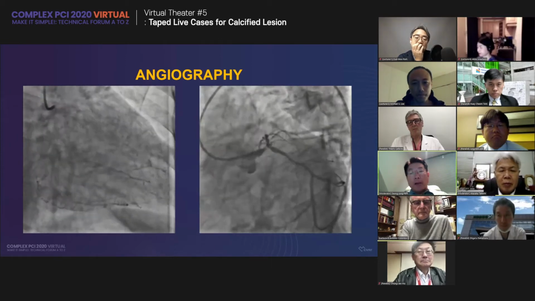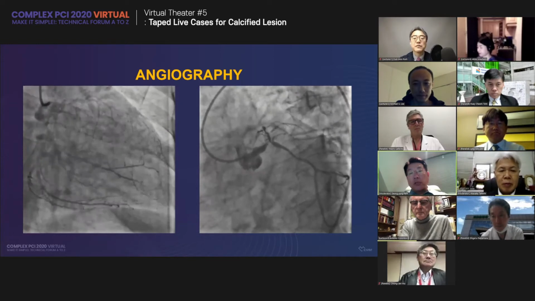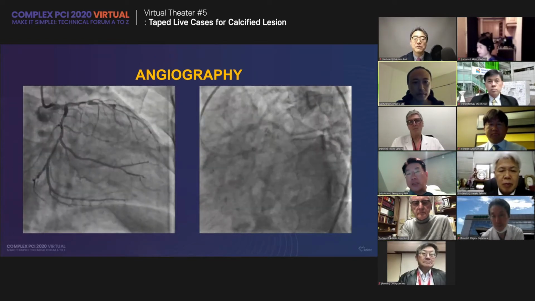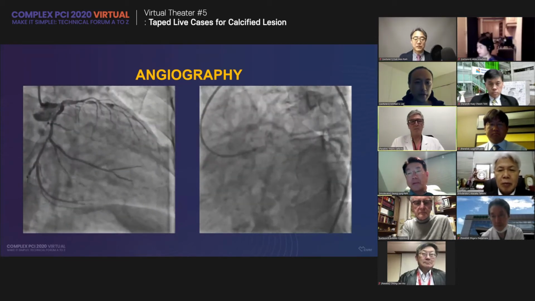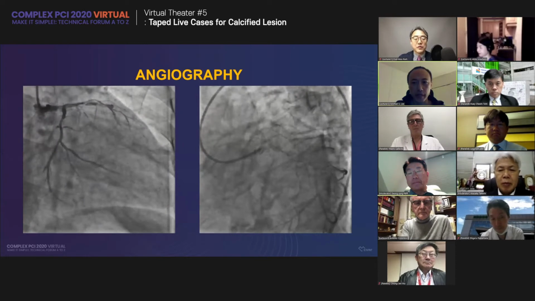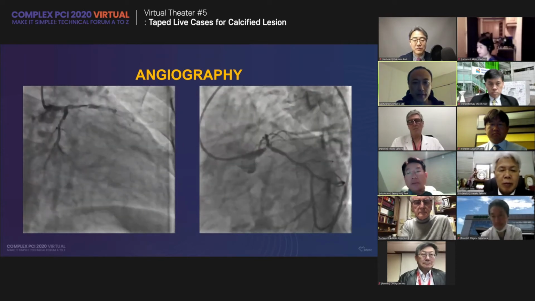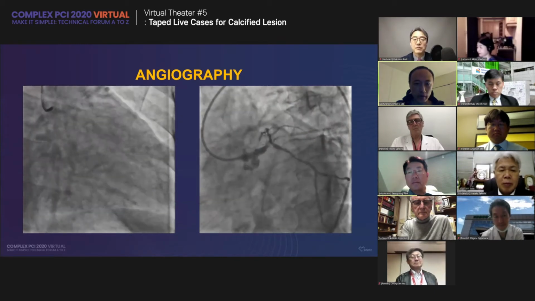So whatever you choose, I think you should consider the circumflex patterns first. Absolutely, that's a very good point. The circumflex is a very large territory. And the presence of Q waves suggests the anterior wall is not a huge area for reversible or hibernating myocardium.